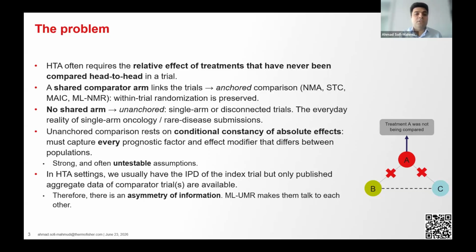The only solution for these situations, if we want to compare treatments, is to use unanchored population adjusted methods. But these methods come with a huge caveat: they rely on the conditional constancy of absolute effect assumption. It means that we must capture and adjust for every prognostic factor and effect modifier. This is strong and often untestable.